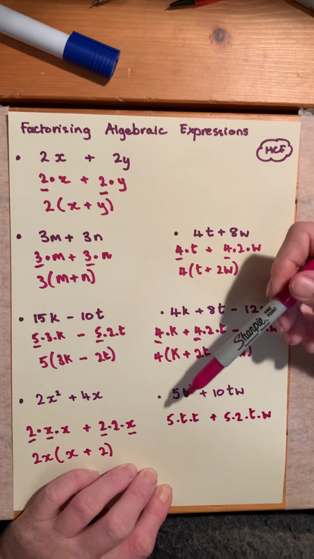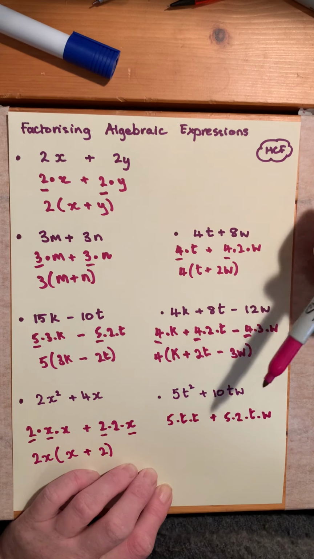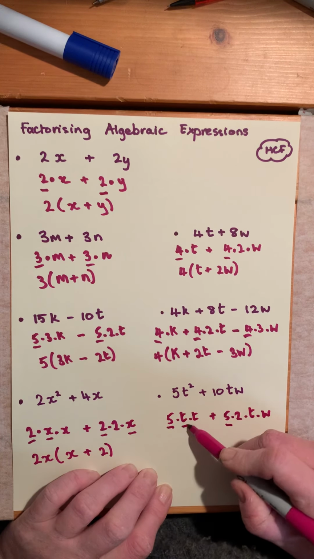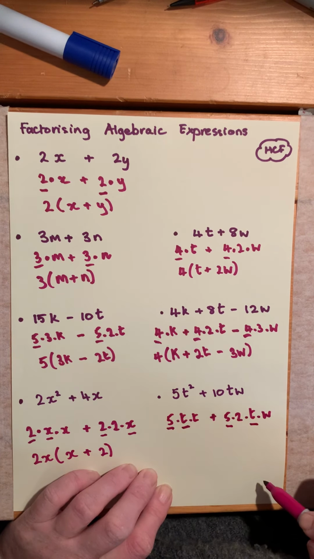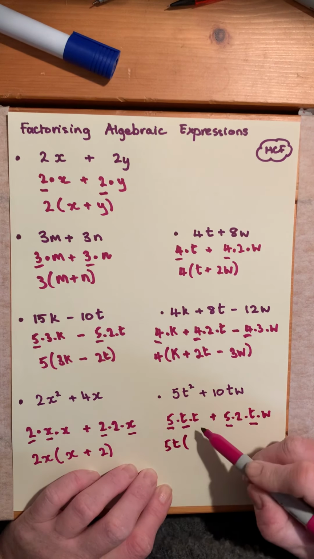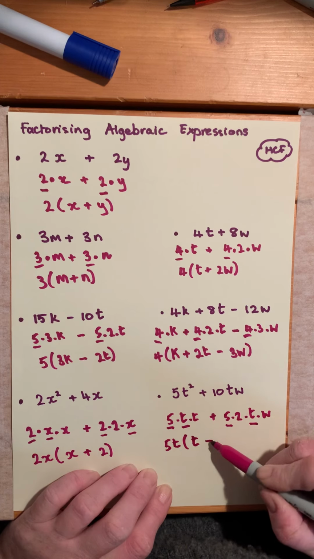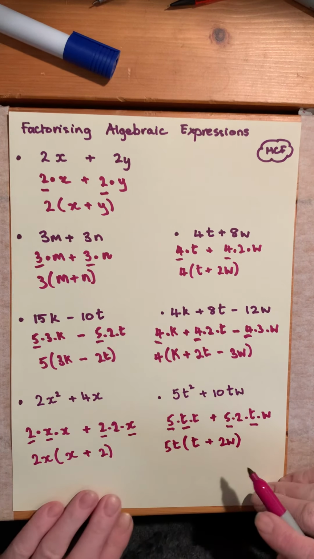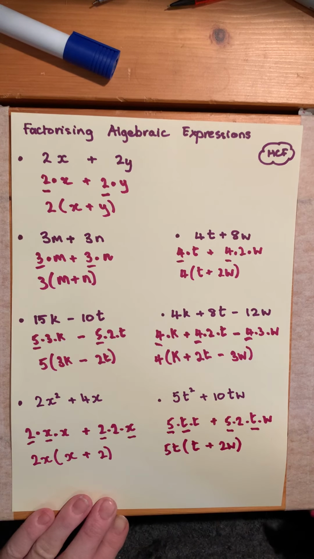Again, the highest common factor of 5 and 10 is 5. So what have they got in common? They've both got a 5, they've both got a t, and that's it. So I'm going to take out 5t. What am I left with? I'm left with t plus 2w. Okay?